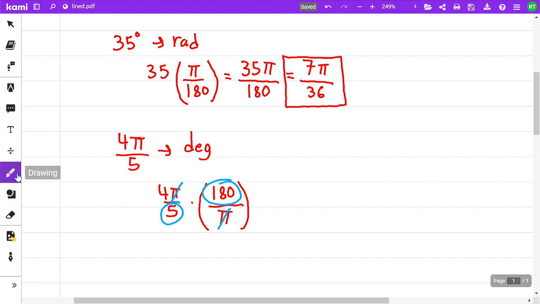So that will leave me with 4 divided by 5 divided by 5 is 1, times 180 divided by 5, which is 36, divided by our pi's canceled out, which is 1. So all I have to do now is multiply 4 by 36, which equals 144. So 4 pi over 5 is equal to 144 degrees.